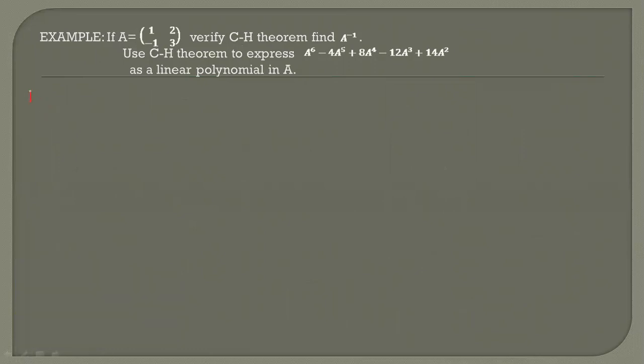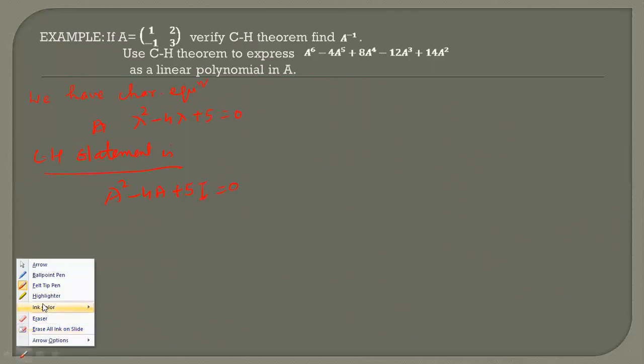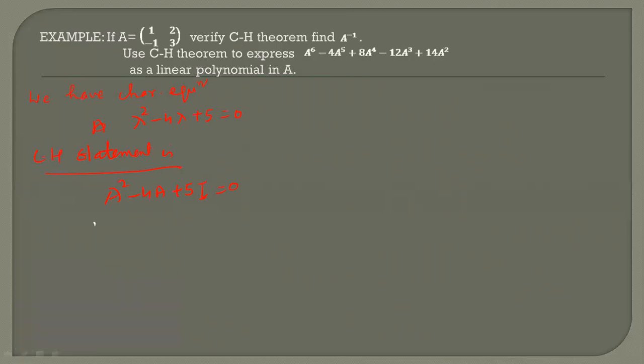Now we have the characteristic equation lambda square minus 4 lambda plus 5 equal to 0, and the Cayley-Hamilton statement is A square minus 4A plus 5I equal to 0. It means we want A inverse with the help of the Cayley-Hamilton theorem. So multiply A inverse on both sides.